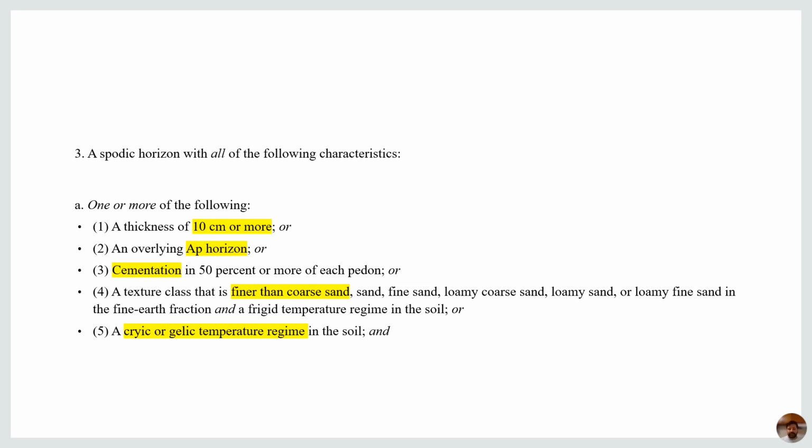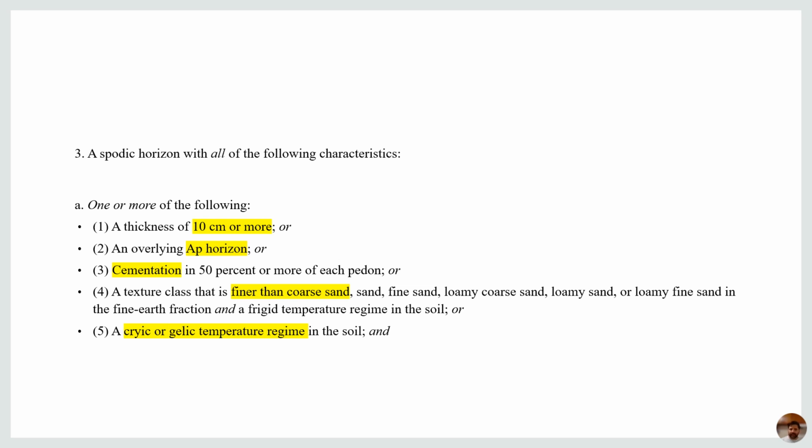Also, this spodic horizon could be overlaid by an Ap horizon, or this spodic horizon could present cementation in at least 50% or more, okay? Or this spodic horizon could present a sandy or loamy texture and a frigid soil temperature regime.